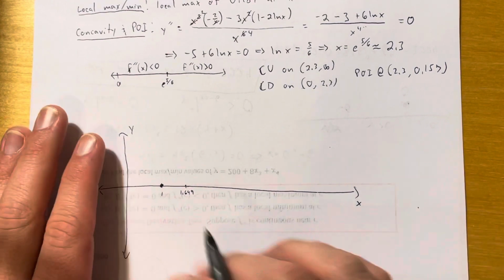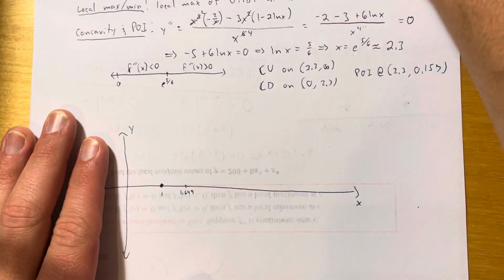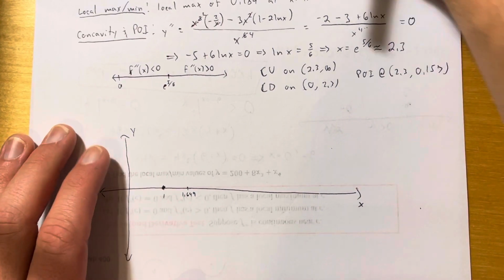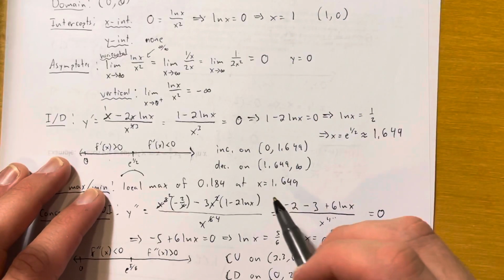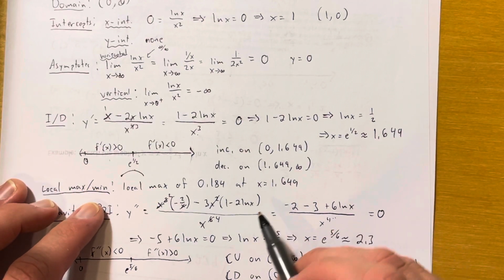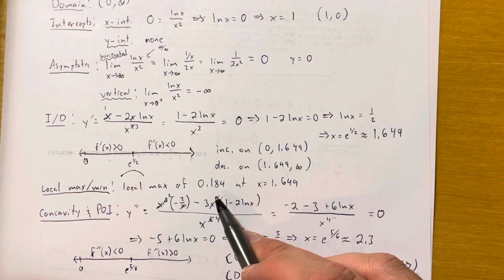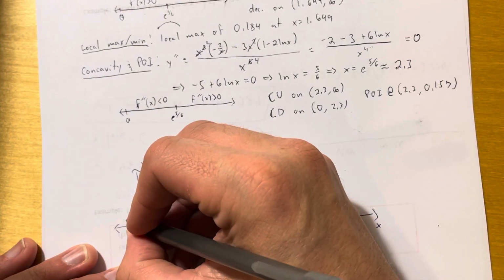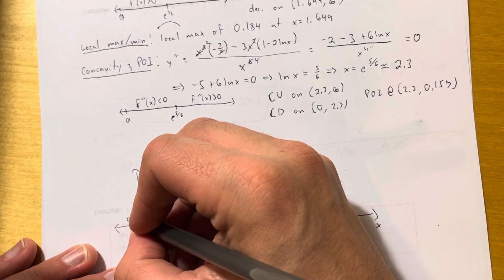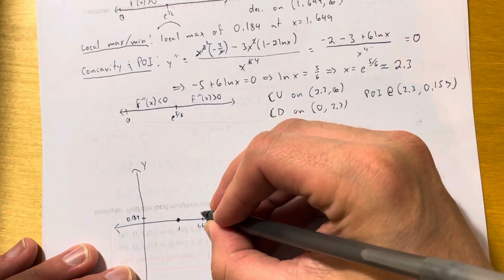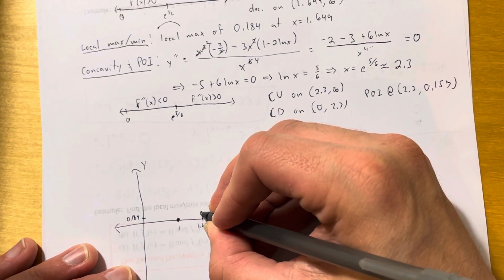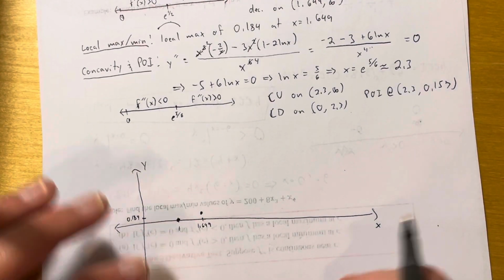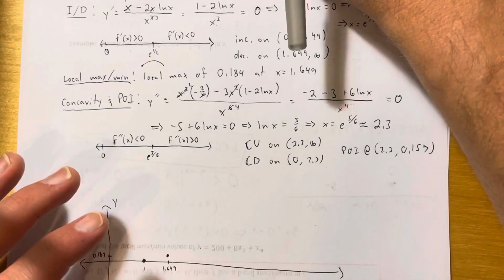Okay? This is also going to be where we have a local max occurring. The local max occurs at 0.184. That's going to be really, really close to the origin here, or the x-axis, 0.184. So we should have a point around there somewhere, and that's going to be a local maximum. Okay? And then what else do we know?